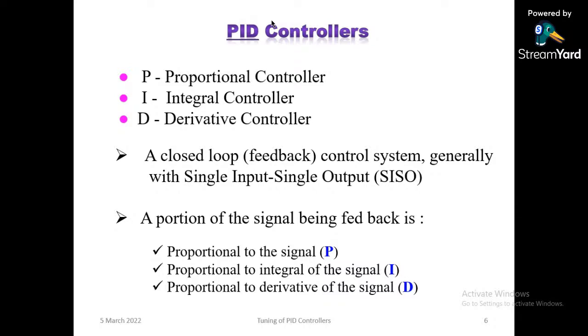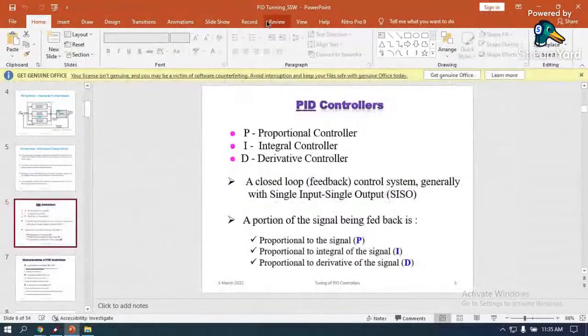Then third, I can club all three controllers, I can say it as a PID controller, P plus I plus D. And last remaining is I plus D controller. Out of P, I, and D, if I take P and I, this is my PI controller.